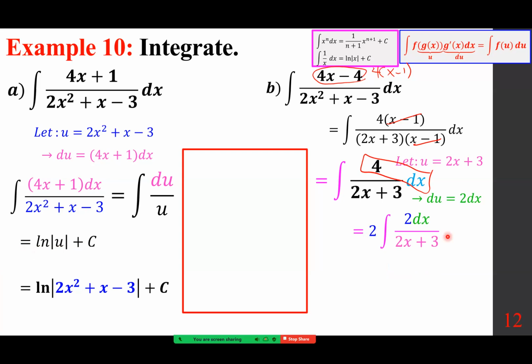So what you're looking at here is du over u, and we know that to be a natural log. See, I'm not losing this number 2. And so I'm going to replace the u, and I get 2 ln of 2x plus 3 plus a constant.